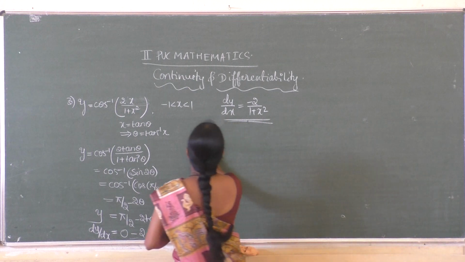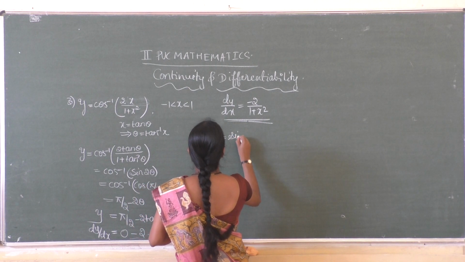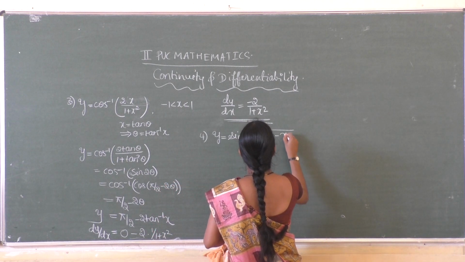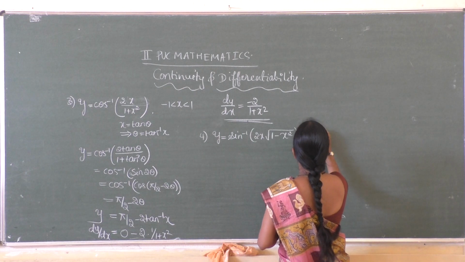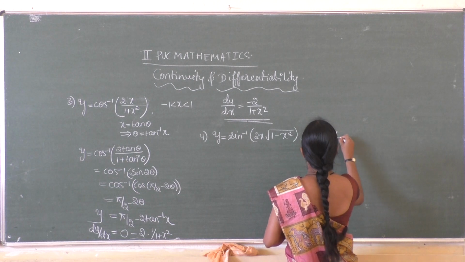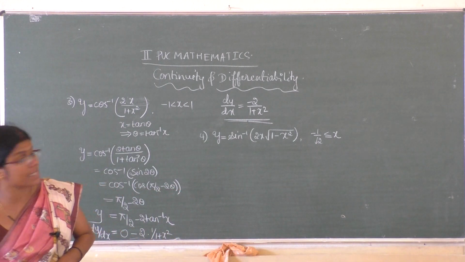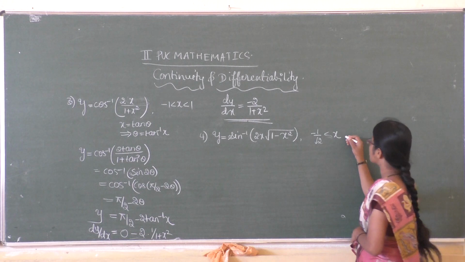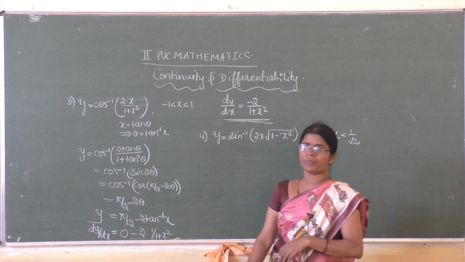Okay, so next one, y equal to sin inverse of 2x into square root of 1 minus x square, where x is greater than minus 1 by root 2 and less than 1 by root 2.